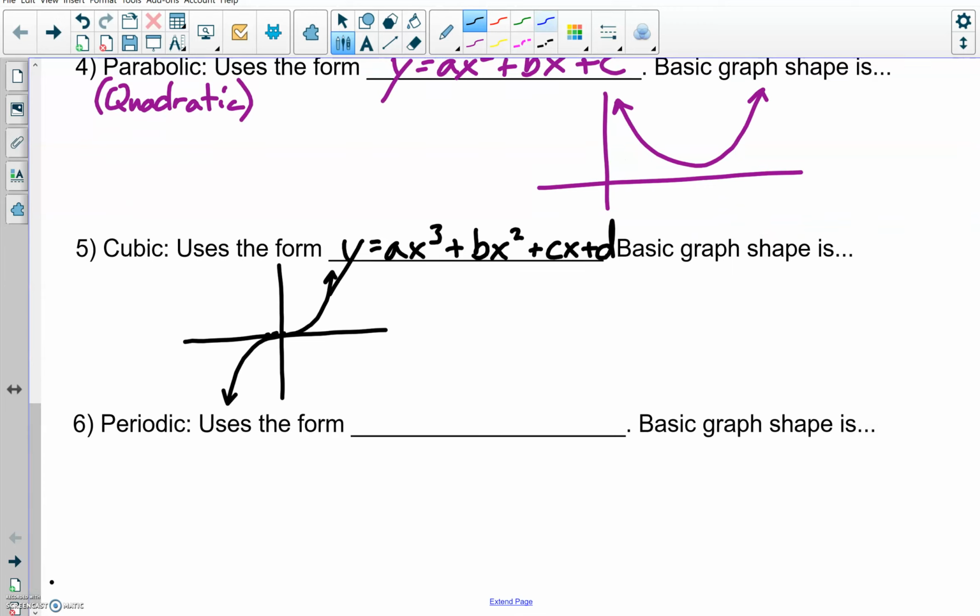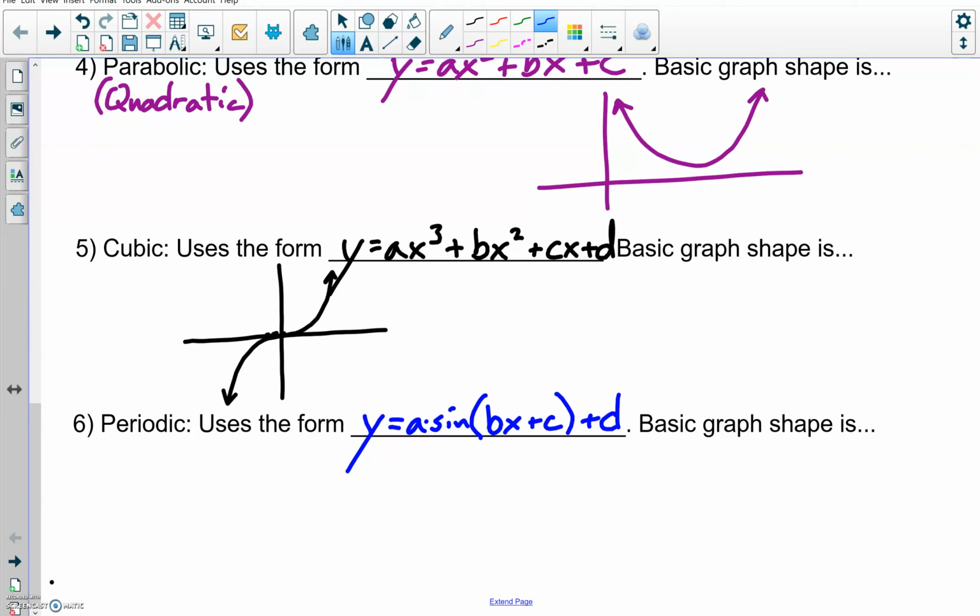And then last but not least, we have the periodic. And for what we're going to do with periodic in this class, we're going to use the form y equals a times sine of, and this is multiplication there, of bx plus c and then out back plus d.